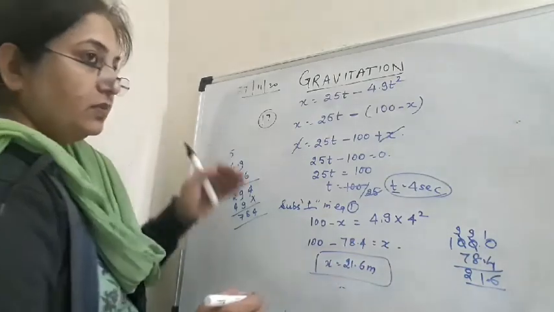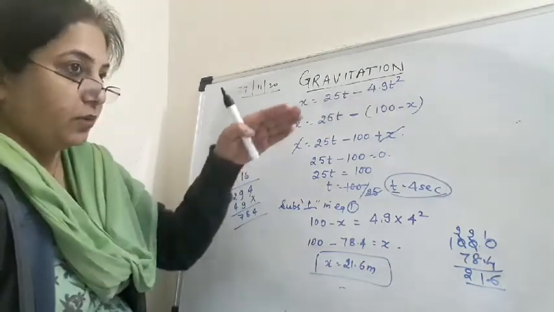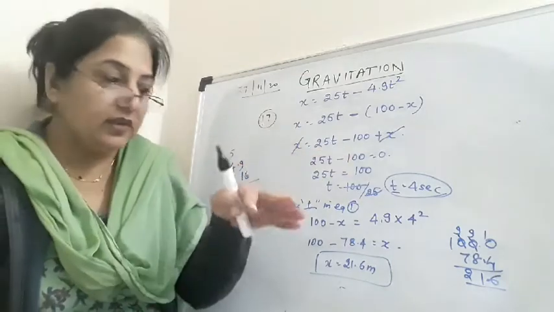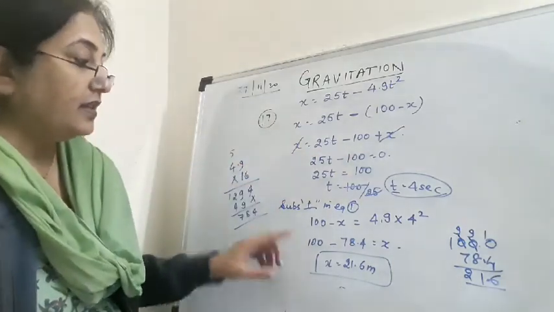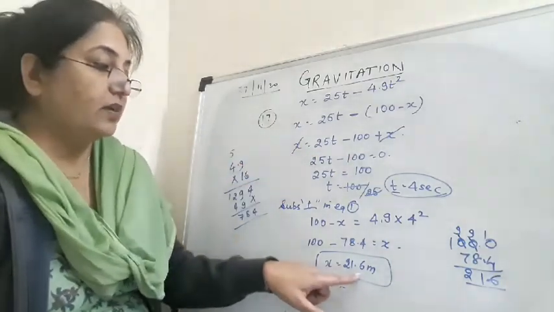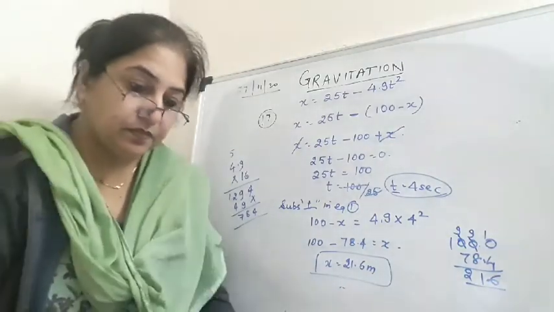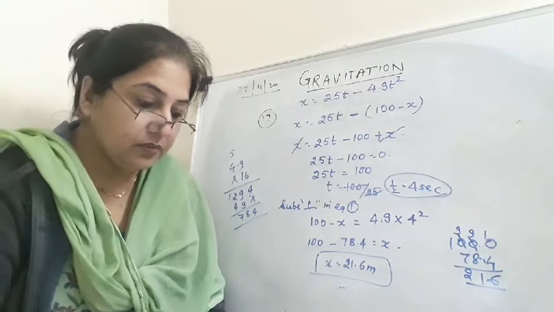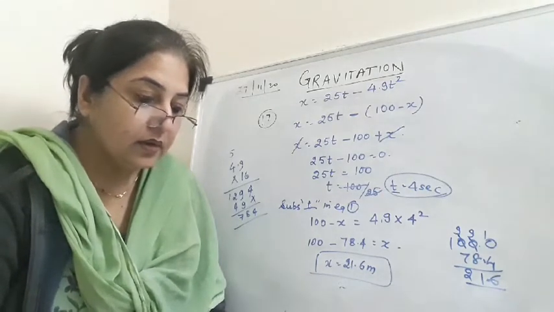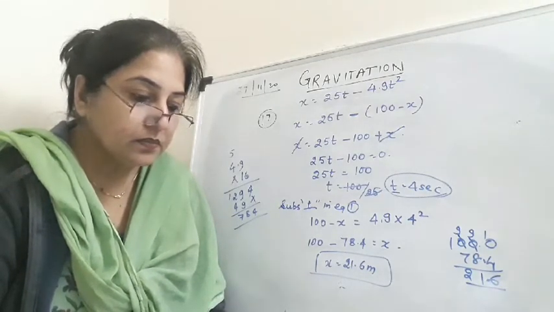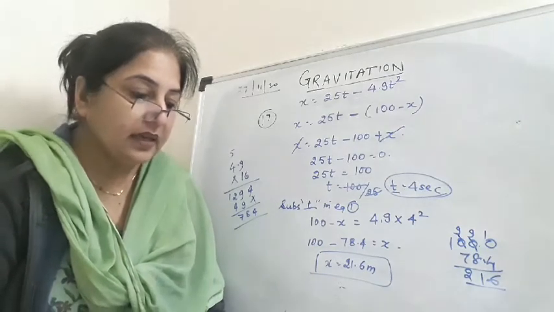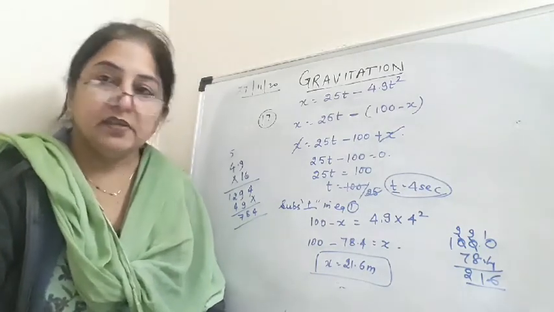So the distance from the ground to the point at which the two stones meet, as we have drawn in the diagram, that distance is 21.6 meters. We can check the answer and confirm whether our answer is correct or not. It is 4 seconds, correct, and it is saying 80 meters from the top.